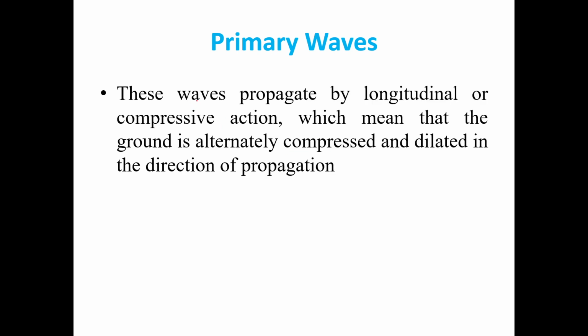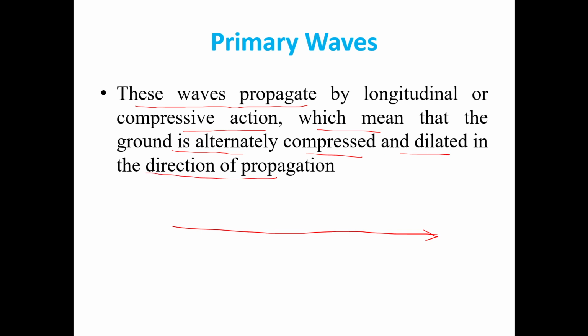So let's see how it propagates. These waves propagate longitudinally. Longitudinal means suppose in this direction the wave is propagating, then there will be a compressive action, which means that the ground is alternately compressed and dilated in the direction of propagation. Meaning, if the wave is going through this, then there will be compression, then dilation, then compression, then dilation, like that.